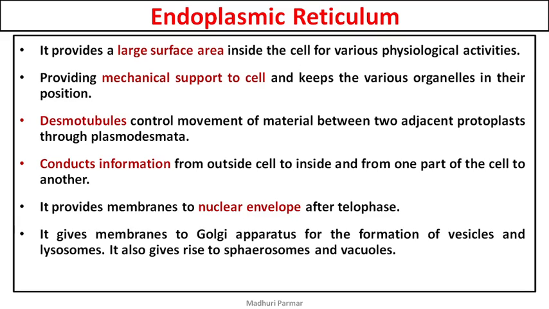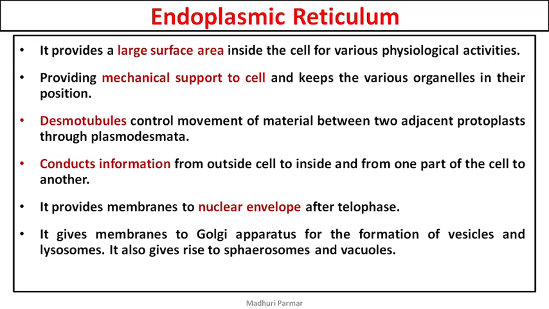Then it gives membrane to Golgi apparatus for formation of vesicles and lysosomes. So Golgi apparatus supposedly originated from the endoplasmic reticulum. We do not know a few origins, how these organelles are coming into existence, but we do know that somewhere or the other they are related to endoplasmic reticulum.